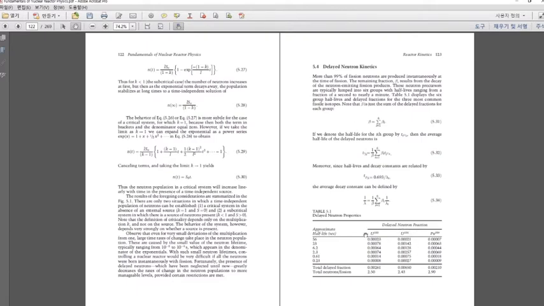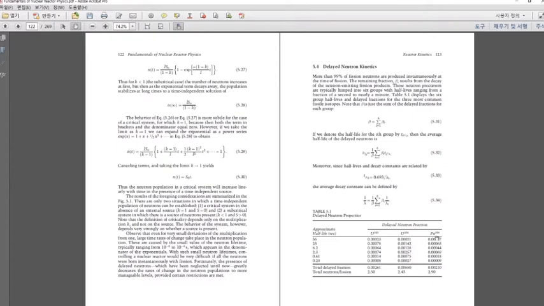So for three different types of fissile material, uranium-233, uranium-235, and plutonium-239, of course there are hundreds of fission fragments that are able to emit neutrons. Those neutron-emitting fission fragments are called precursors.